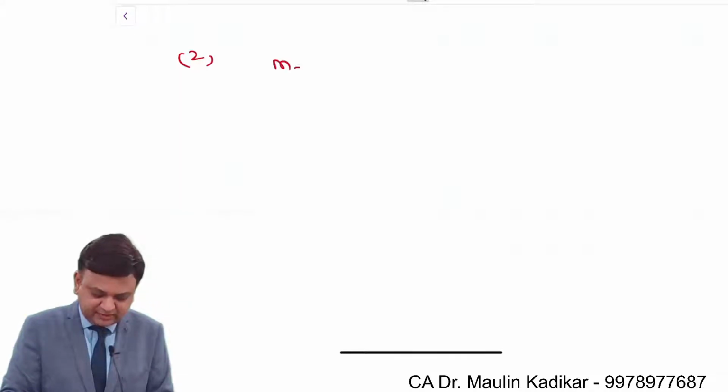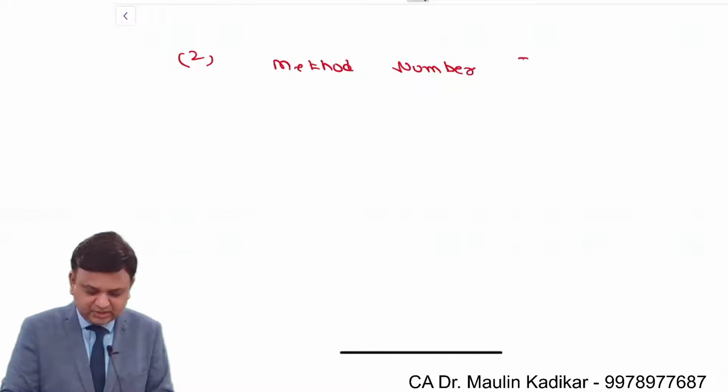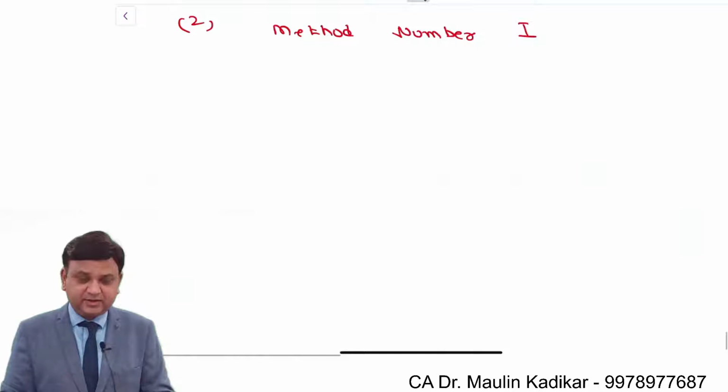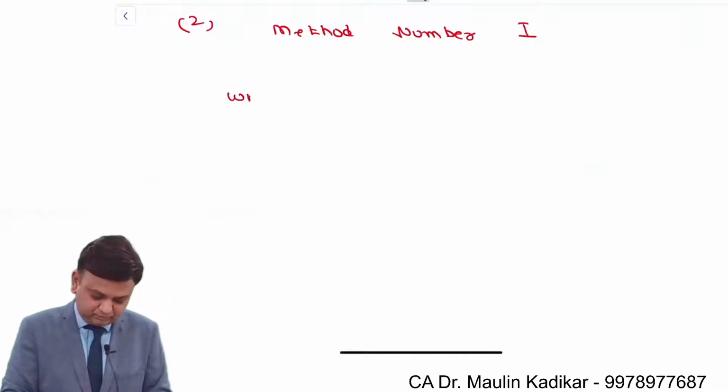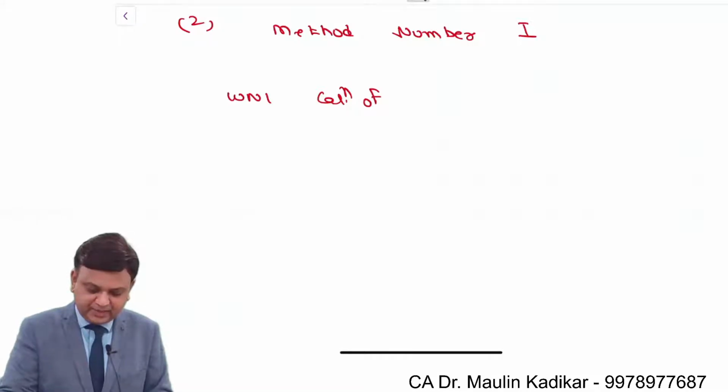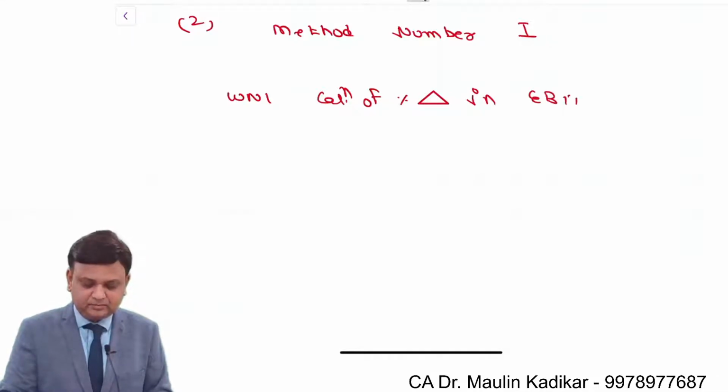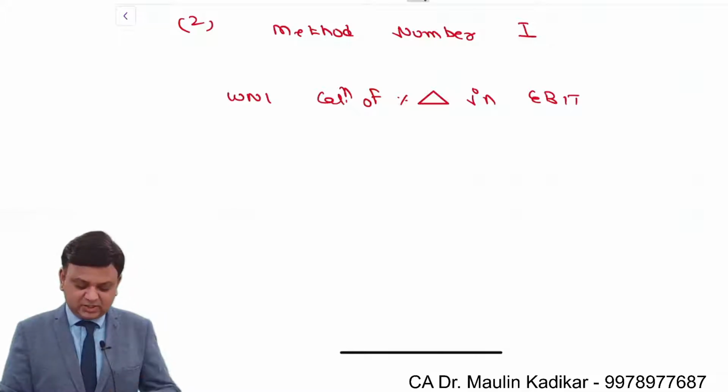There are 2 methods by which we will do the answer. This is method number 1. In that, write down working note number 1, calculation of percentage change in EBIT. You are requested to write an answer along with me.